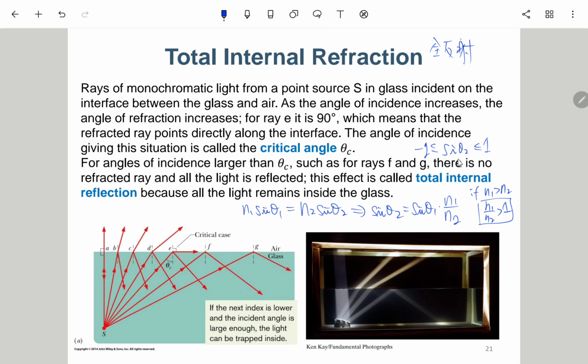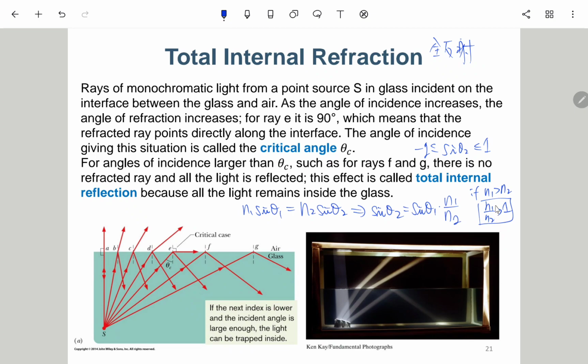So in such a way we need to satisfy this one. However, this one is larger than 1. Which means that if theta 1 is large enough, then this whole thing can be larger than 1. Okay, in such a way we cannot really find theta 2 such that sine of theta 2 is also larger than 1.